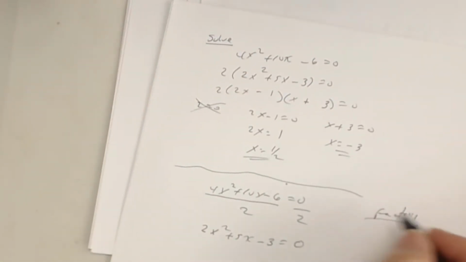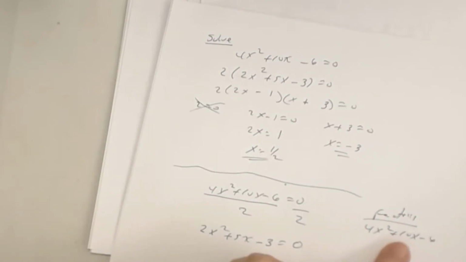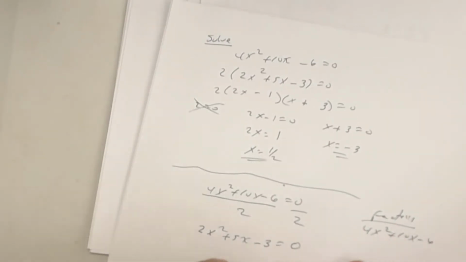So on your test 2, if it said factor 4x squared plus 10x minus 6, could I get rid of that 2? No, because that's not an equation. This is not an equation. So if it said factor, y'all agree that's not an equation, right? If it said factor, then you have to do the GCF. The GCF has to be part of your answer.